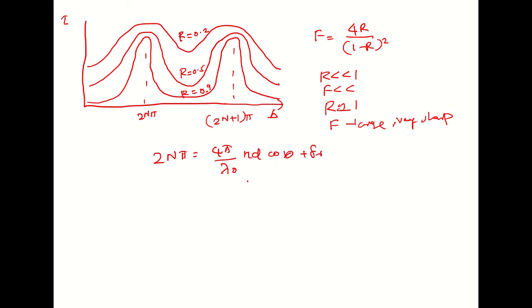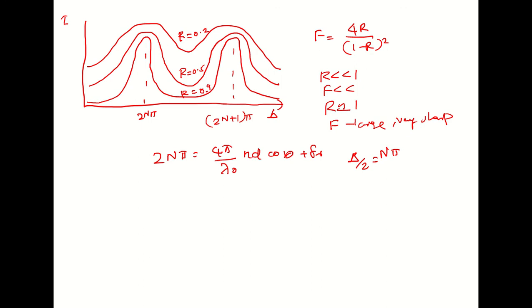You can write it like this, where delta by 2 equals n pi, where n is known as the order of interference, which is an integer.